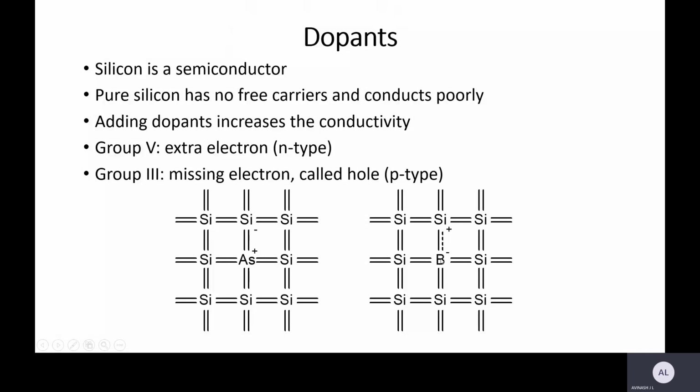That means one electron is missing. That is exactly what is going to happen. You know that from class 11. In plus 2 also you have learned that adding an impurity will make the pure form of silicon conduct electricity at a faster or larger rate.